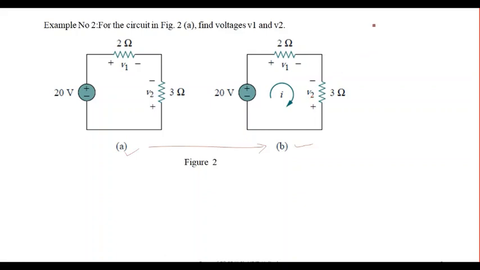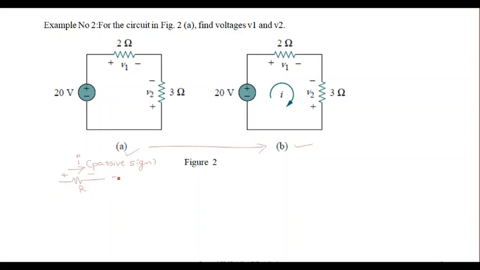Okay, and always please remember one thing while solving these problems. This is a very important note. Suppose you have a resistor, something like this, and I show the current direction like this. According to passive sign convention, current will always flow from higher potential to lower potential.